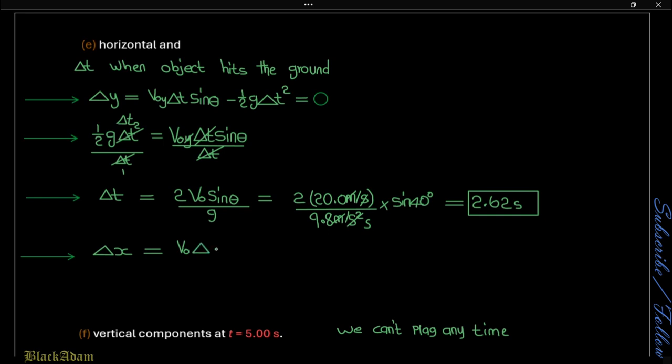Now that it took 2.62 seconds to hit the ground, we need the horizontal distance covered. It's the initial velocity times time times cos theta, so 20 meters per second multiplied by 2.62 seconds multiplied by cos 40 degrees.